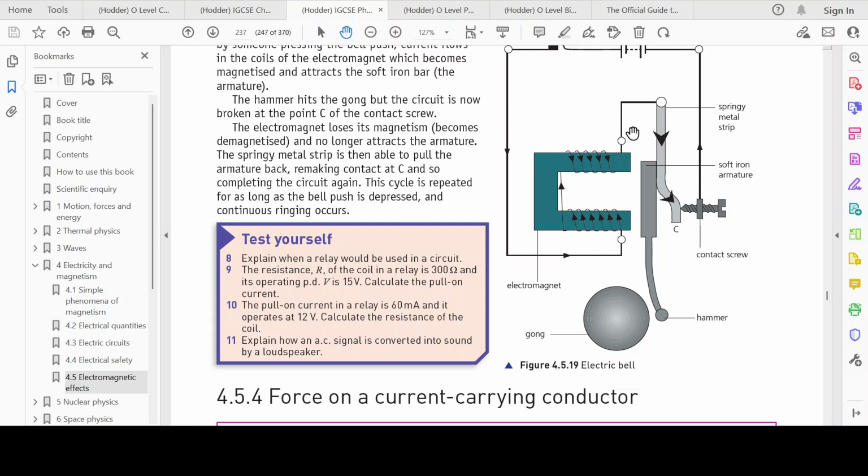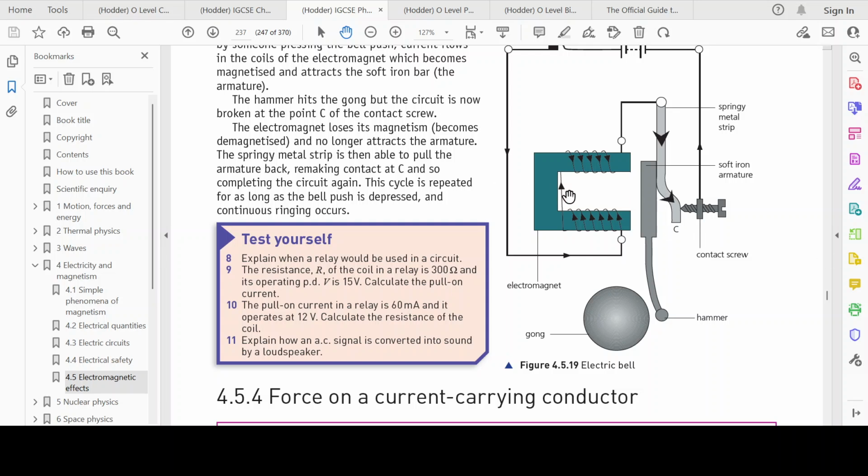Because the current is actually passing over here to the metal strip, and then to the screw, and then back. So when the iron bar is attracted to the magnet, there's a gap between the iron bar and the metal strip, and so the contact is broken, and so this becomes demagnetized, and so the iron bar moves back. And so that happens rapidly.